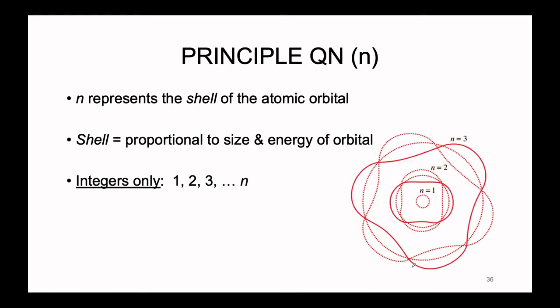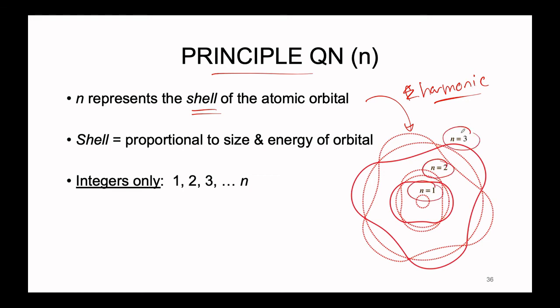All right, so n represents what we now call the principal quantum number. This n represents the shell of the atomic orbital, or as we labeled it in part 3 of this lecture, what is the harmonic that we are referring to? Are we in the first harmonic? Are we in the second harmonic?